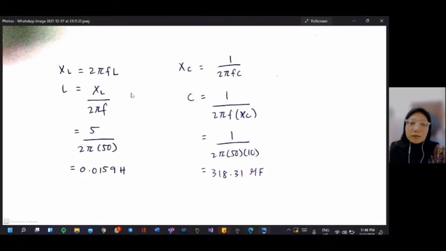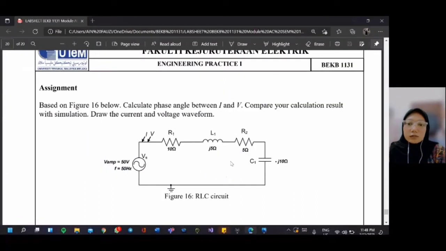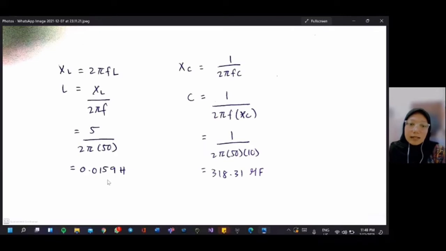So from the formula of XL, which is XL equals 2 pi FL, we rearrange to L equals XL over 2 pi F, and we insert the value, which is 5 ohm for XL and 50 Hertz for the frequency, and then we got 0.0159 Henry.